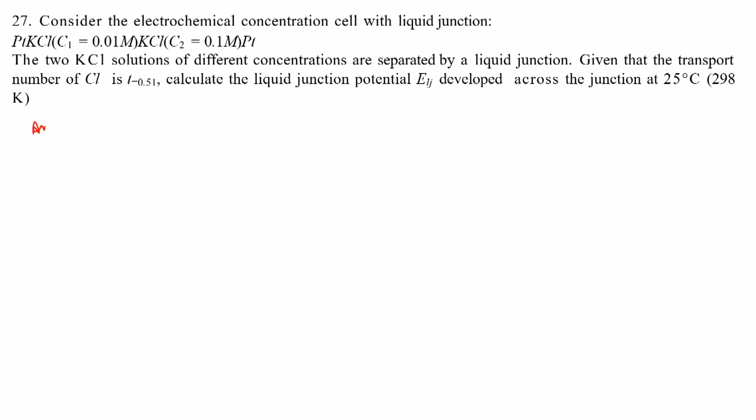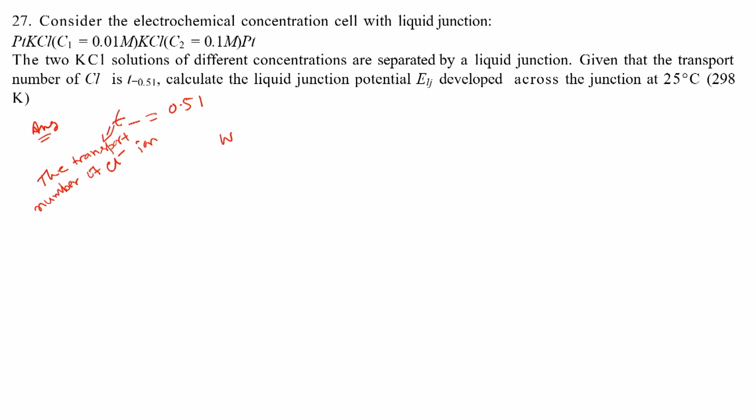So here the value of T minus is given, so T minus is 0.51, right, the transport number of Cl minus ion.